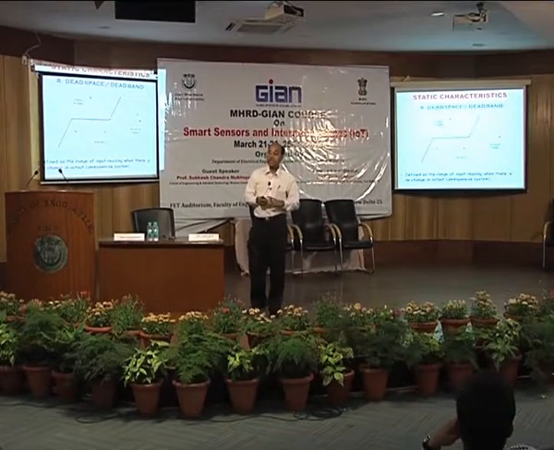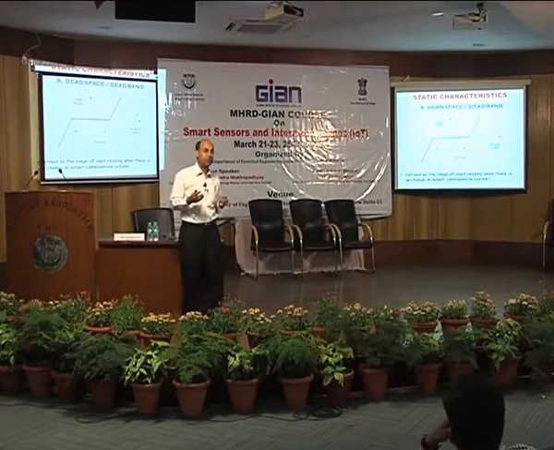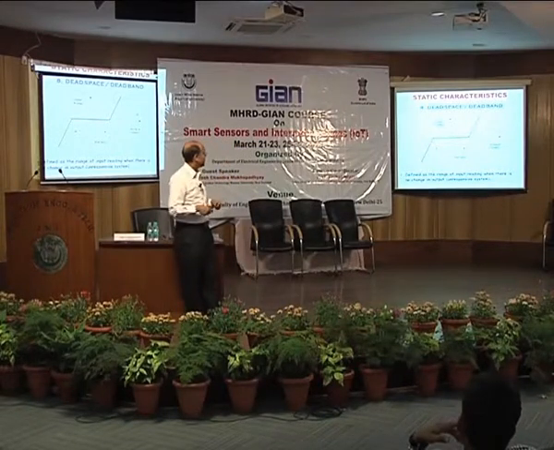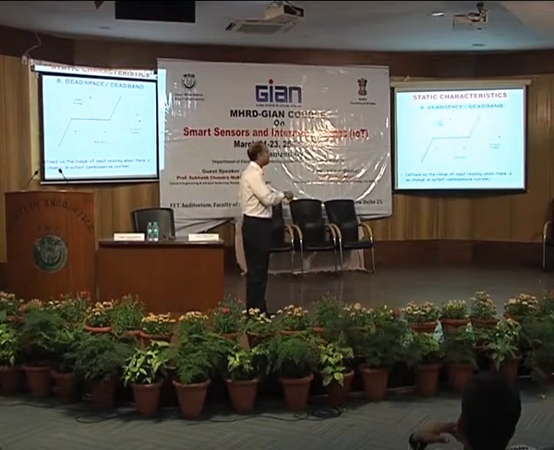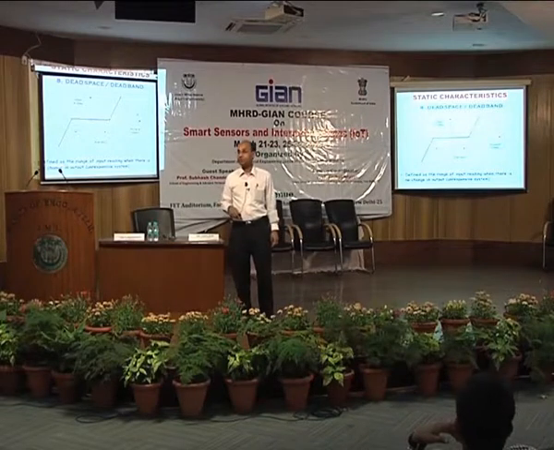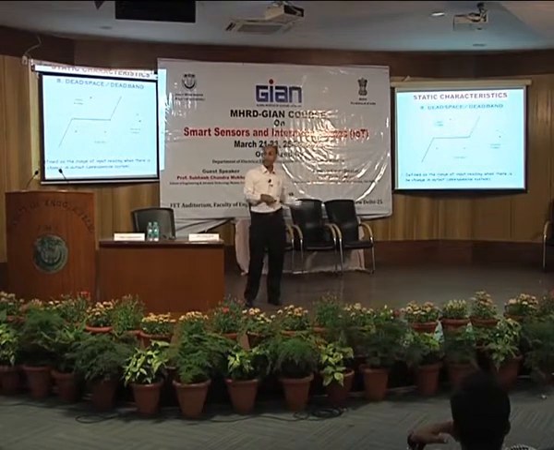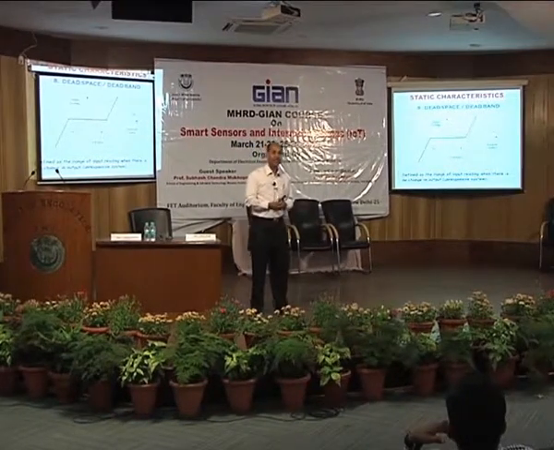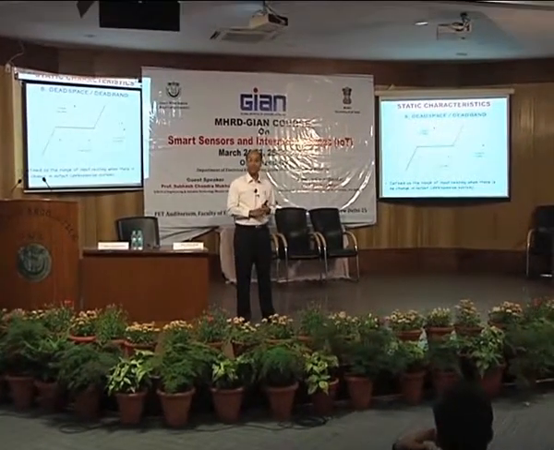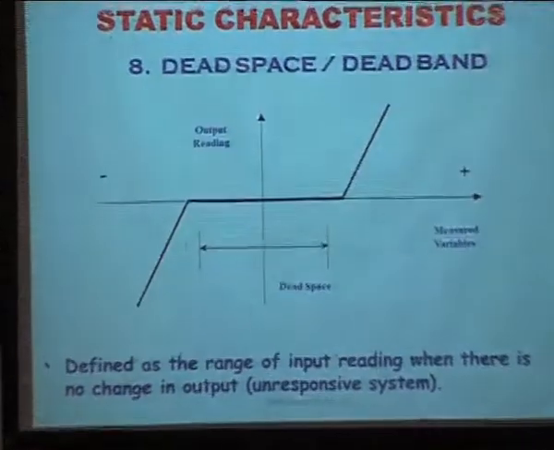We should also be concerned about some sensors where the sensor does not give any response, okay? And that's the dead band. In this band, you do not get any output. Sometimes if you do not know the characteristics of the sensor and you are using it in this zone and you are not getting any result, you can blame the sensor and throw it away or tell some bad words to the company, but that does not help because the sensor has that type of characteristic.